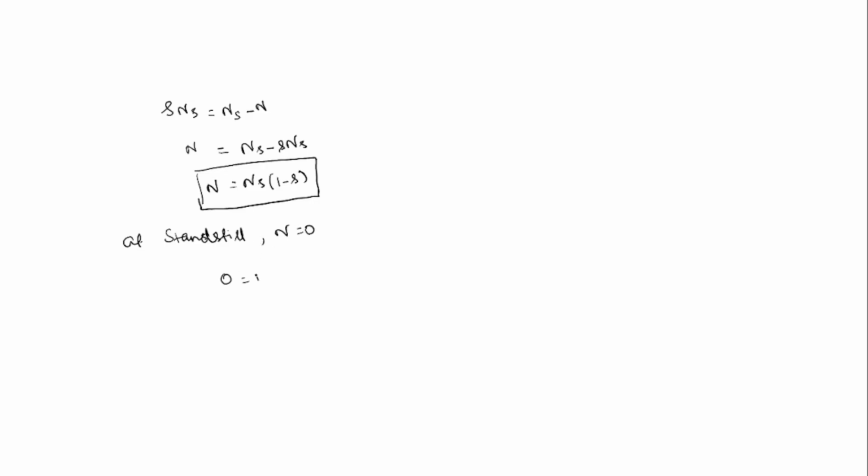In that case, 1 minus s is equal to 0, or s is equal to 1. So when the speed of the rotor is 0, slip is equal to 1. This is the maximum value of slip that can be obtained in the induction motor.